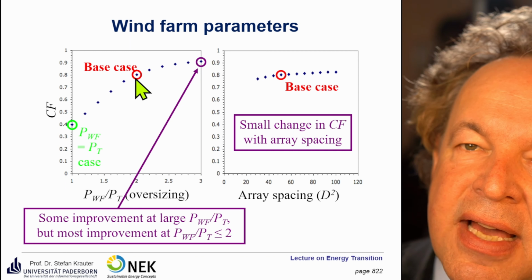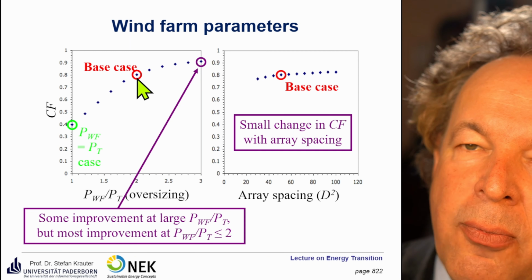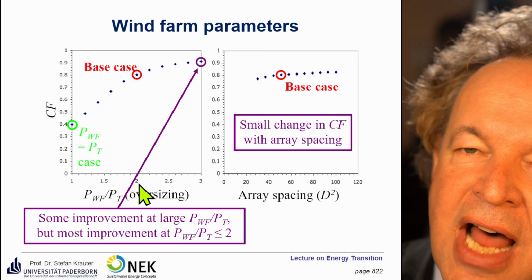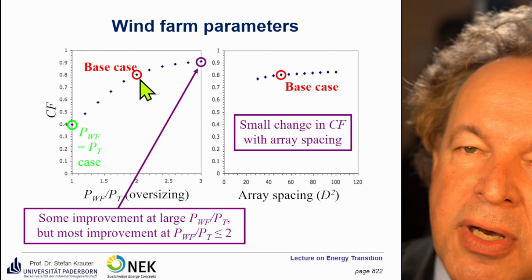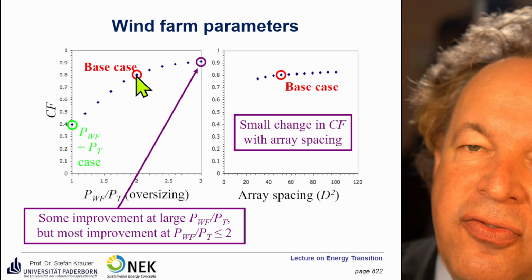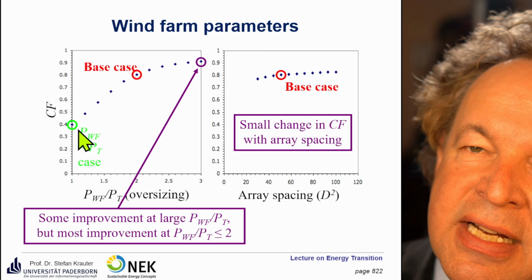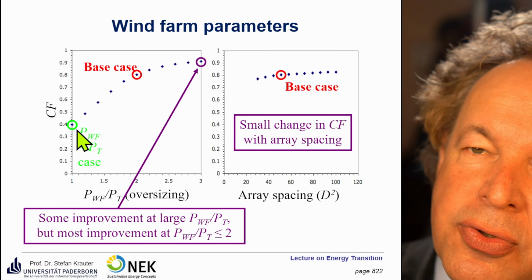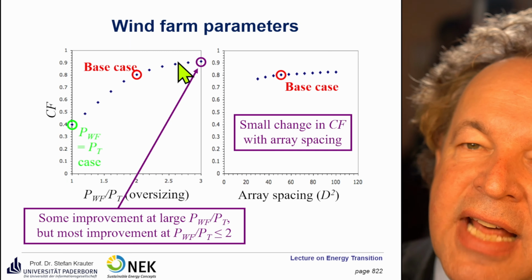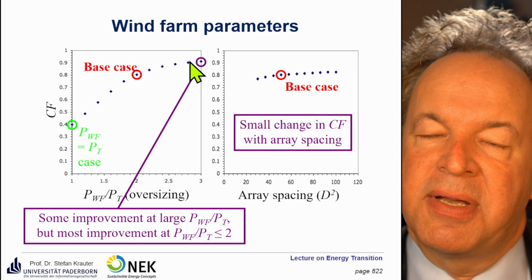We have the base case again: a wind farm which is double the size of the rating of the transmission line. This was 4 gigawatt for the wind park and 2 gigawatt for the transmission line. If we go lower than that, then we also lower the capacity factor. If we go beyond that, then we increase the capacity factor.